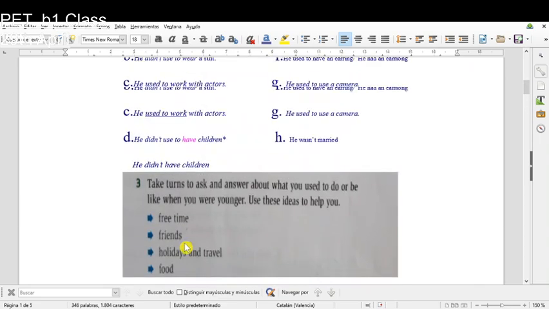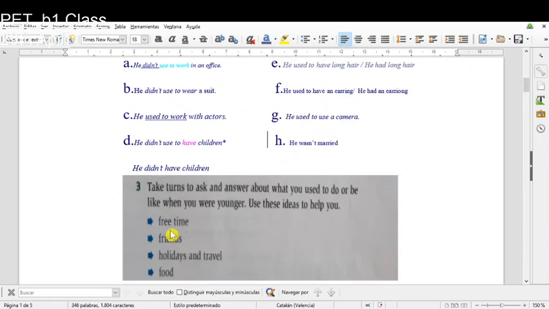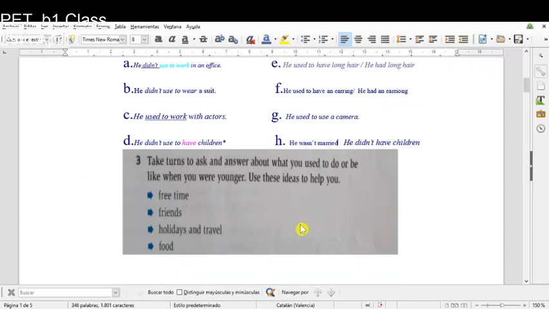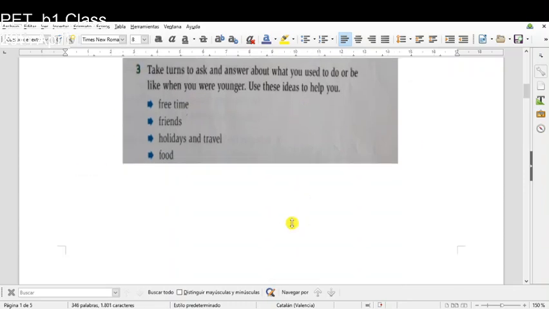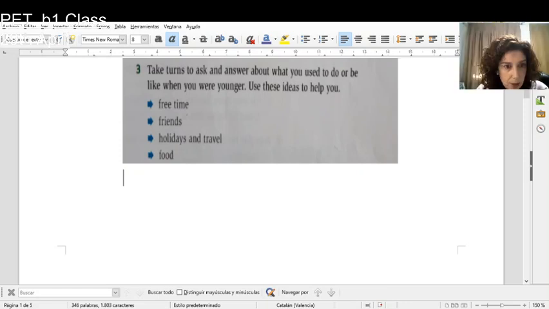Because when you are writing or speaking, I would like you to use used to, not only simple past. Then, let's see. Let's go thinking. I'm going to, because I prefer the explanation in here.